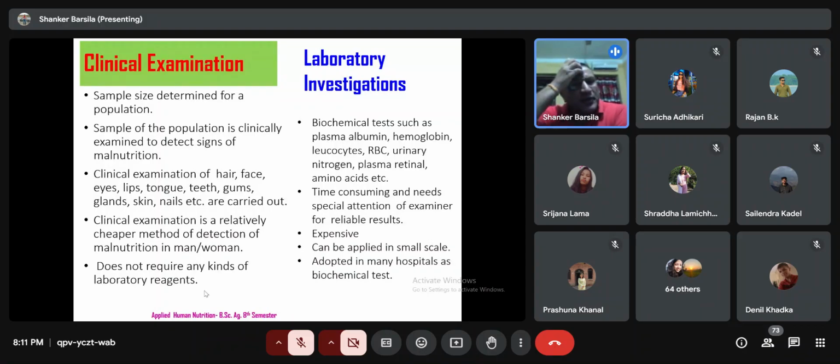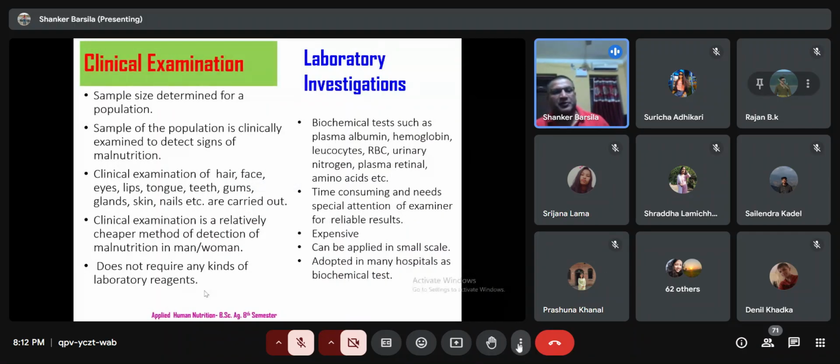Clinical examination doesn't need much description, it is simply the visual observation of the people. In this study, the sample size is determined, which site to be chosen and how many people to be included in the study. The sample of the population is clinically examined to detect signs of malnutrition.